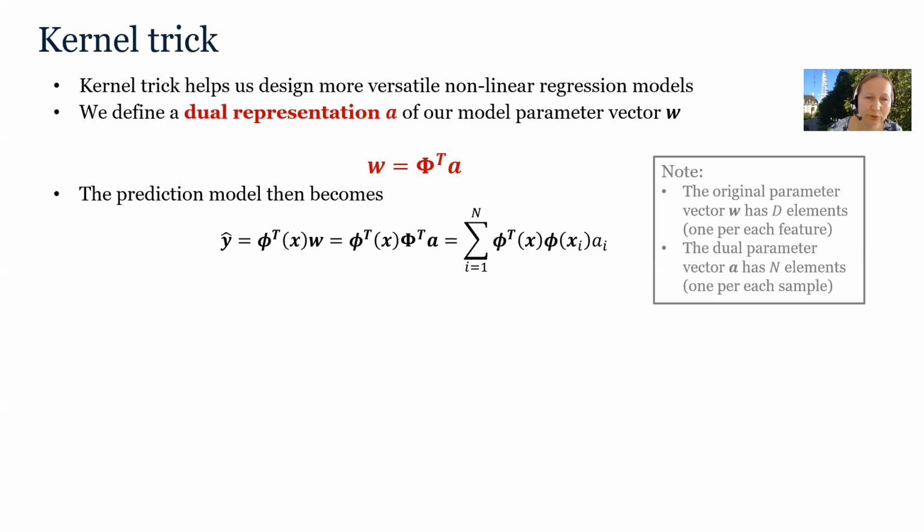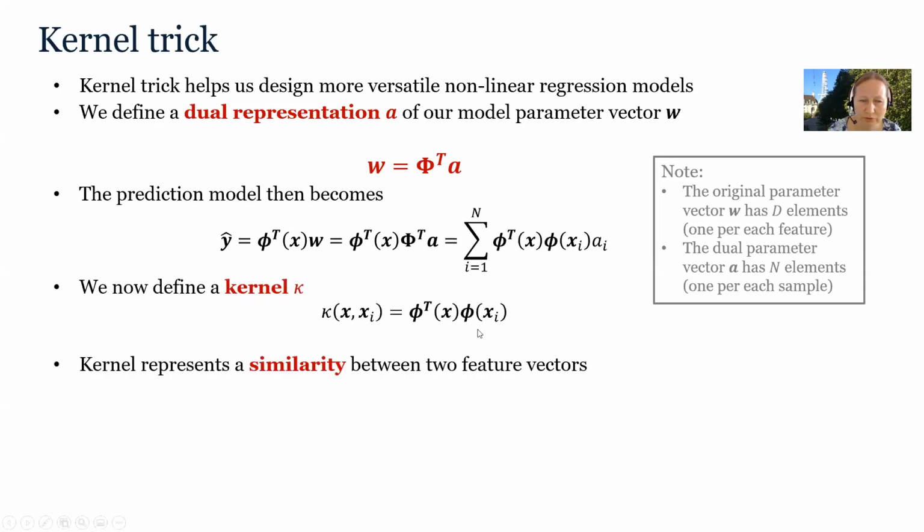Then we will introduce this dual representation into the prediction model, which is phi transposed x, the transformed feature vector, times W, the parameter vector. And if we do that, we will be able to define the kernel, which appears here. And this kernel represents a similarity between 2 feature vectors.